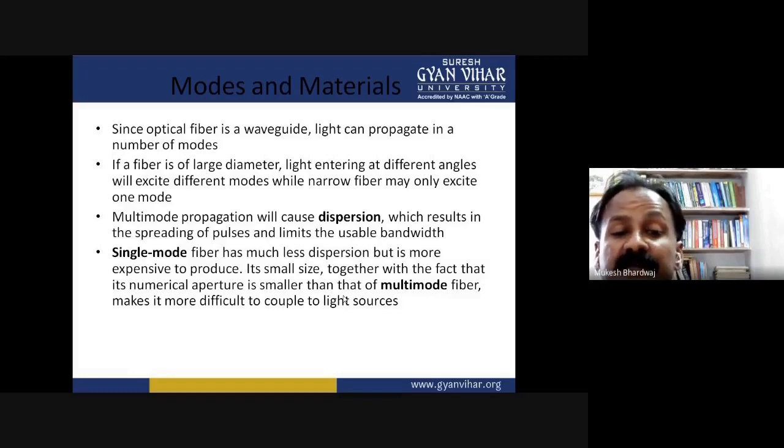Bandwidth 300 megahertz kilometer to 300 gigahertz kilometer. Application: these fibers are best suited for medium haul, medium to high bandwidth applications using incoherent and coherent multimode sources, LED and injection laser respectively.